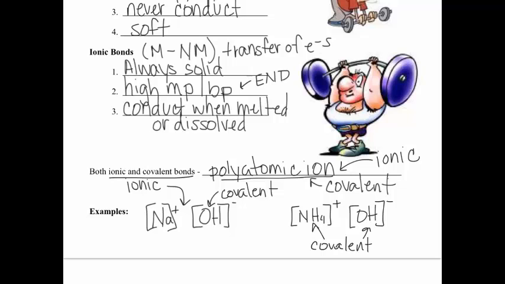So within each of these it's covalent. But between the two, because of their charges, this +1 from the ammonium and the -1 from the hydroxide, it is ionic. So if you're ever asked which of the following has both ionic and covalent bonds, pick the one with the polyatomic ion.